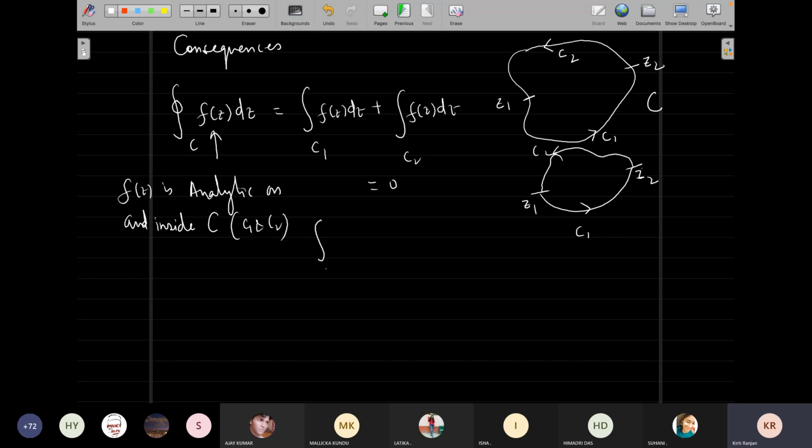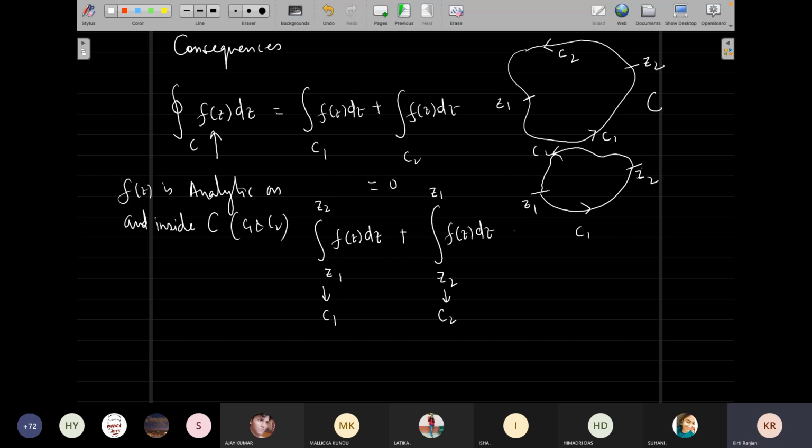But what does this have as the consequence? C1 is saying that we are going from Z1 to Z2, the integral of f(z) dz through path C1. This other one is from Z2 to Z1, which is your second path. Now I can write this explicitly also.